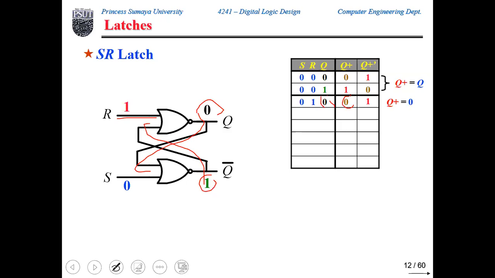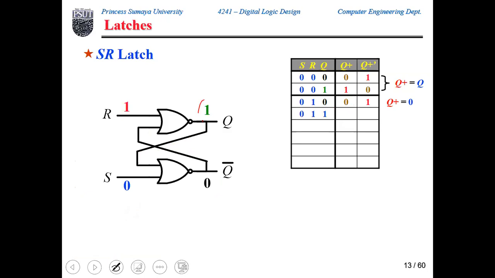And if you look at the circuit, Q bar is basically 1. But does this imply that the scenario when S is 0 and R is 1 is a hold state? We cannot decide until we see the next case, which is when Q is 1.